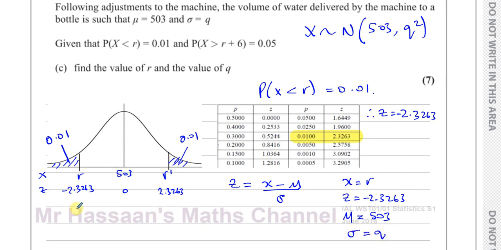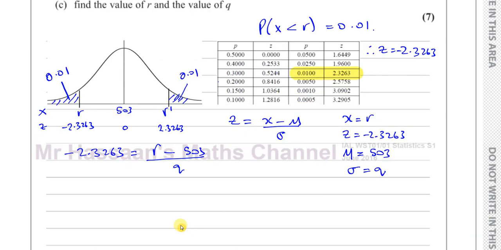So we can say z, which is negative 2.3263, is equal to x, which is r, minus mu, which is 503, divided by q. So with this, we can set up one equation: negative 2.3263 times q is equal to r minus 503. So that's one equation we've set up now.